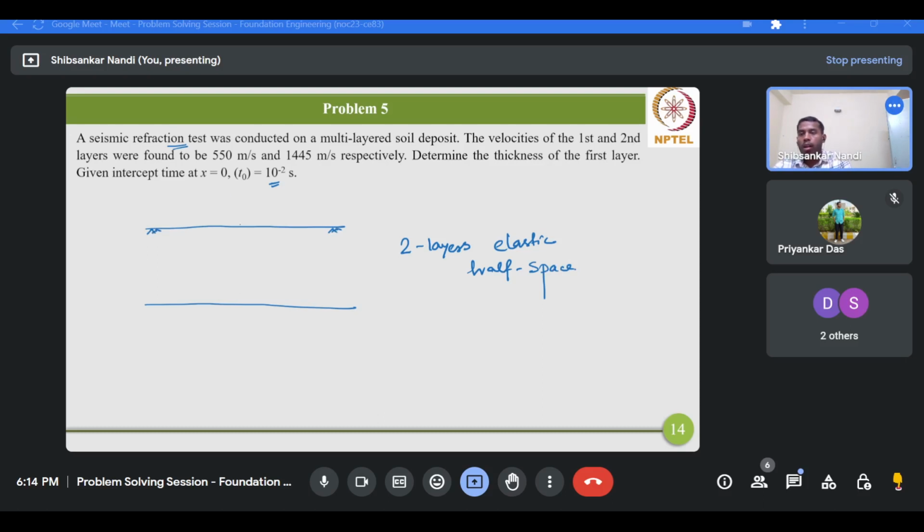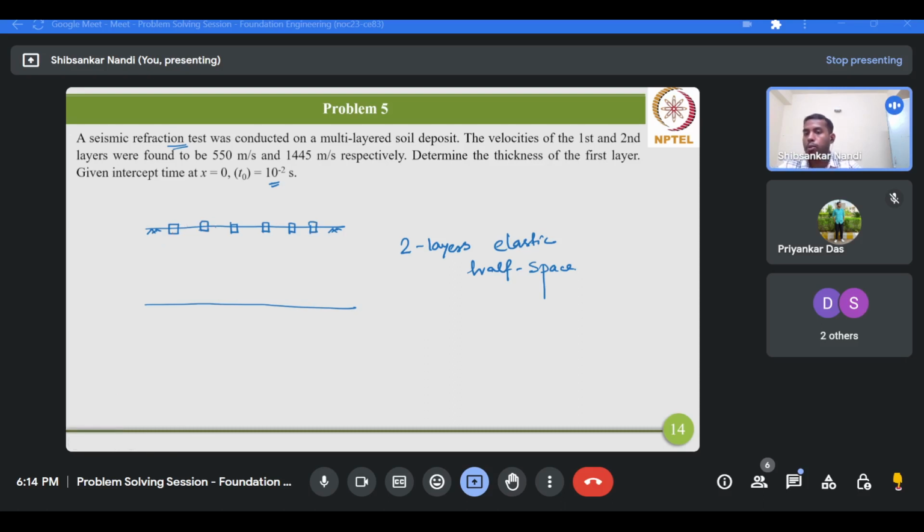According to the principle of seismic refraction, there would be a source and a number of receivers, including one receiver at the source itself.